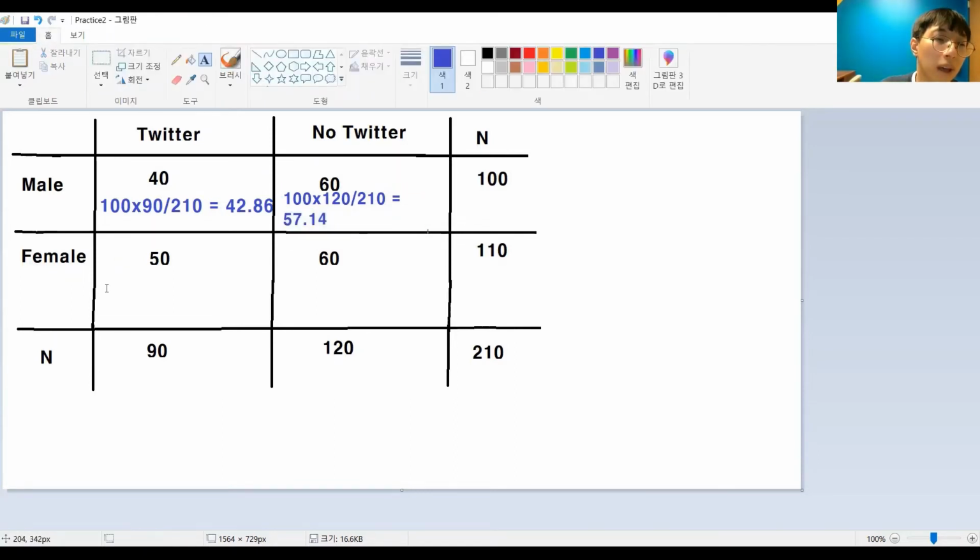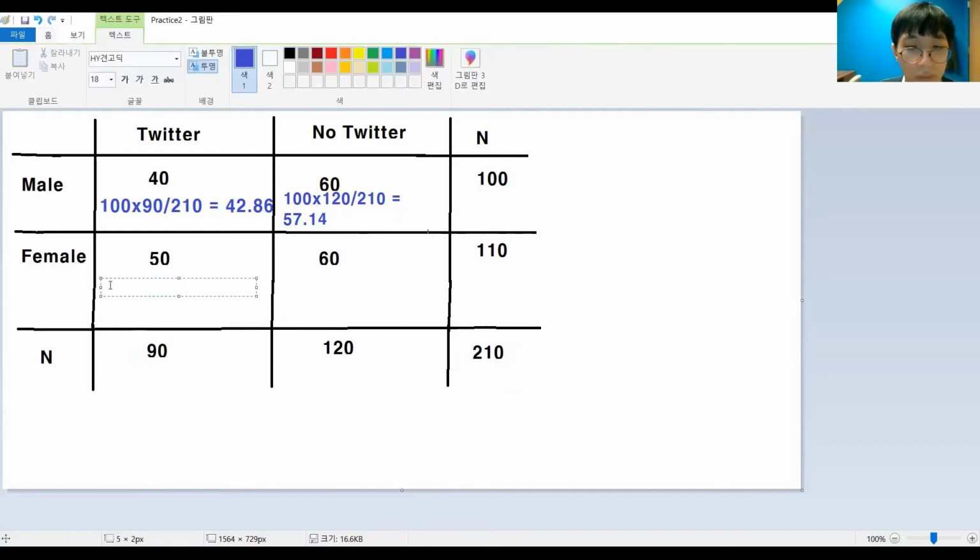You will do the same thing for the female with Twitter account expected frequency. Multiply this number by this number and divide it by this number. So, 110 times 90 divided by 210. The number is 47.14.